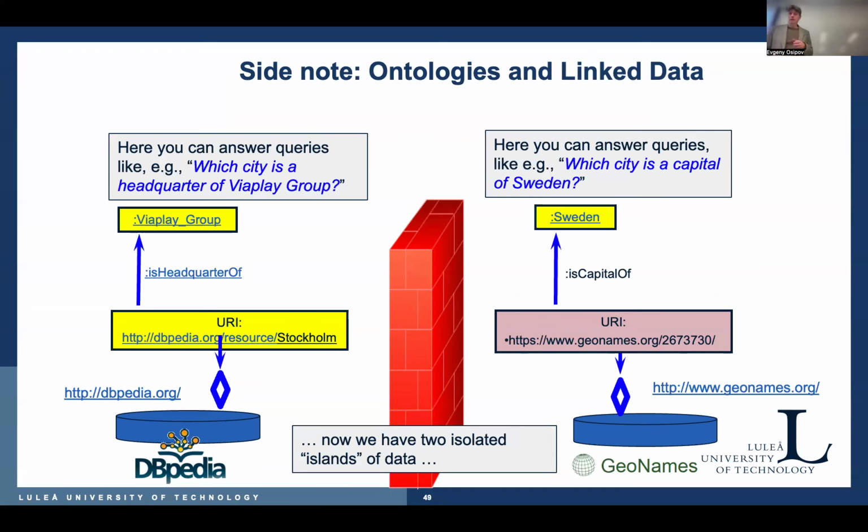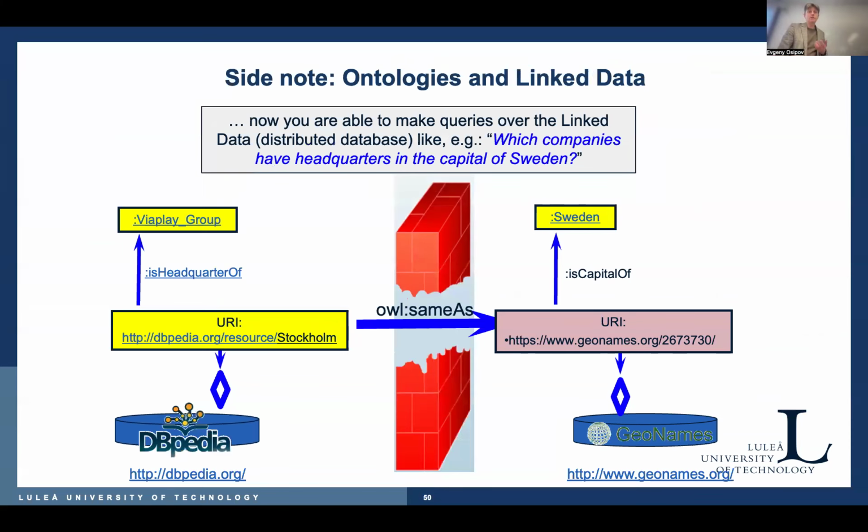In the ontology language, there are properties where you can join two ontologies, and say that these two concepts are the same.